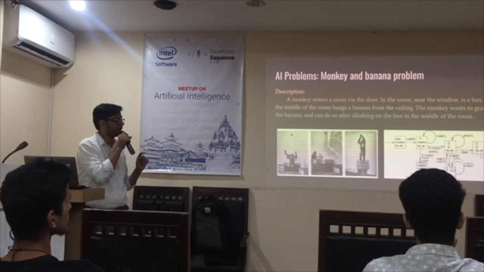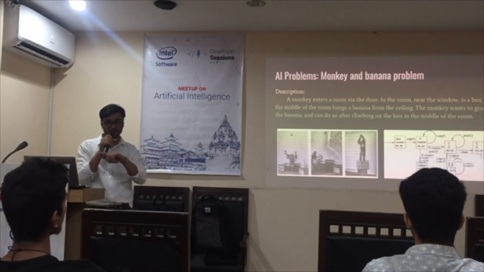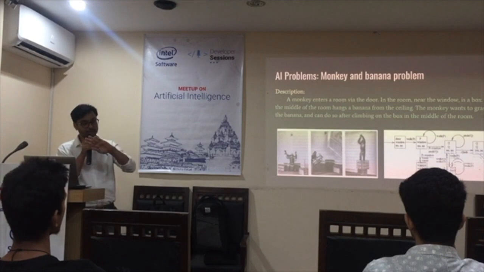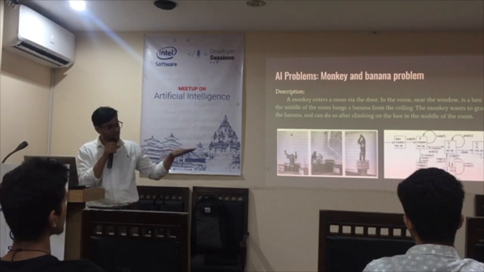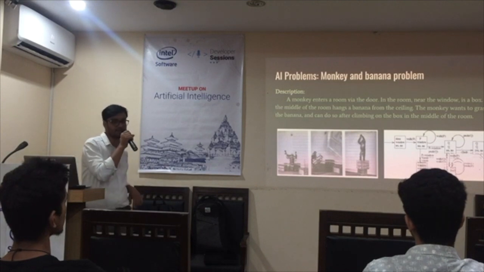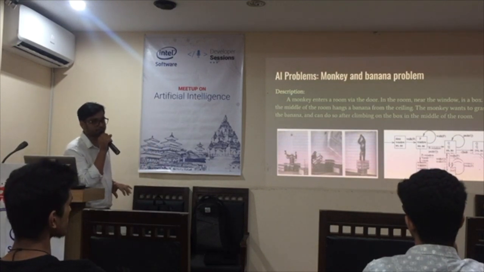And this is only possible when the box is in the middle and the monkey is on the box. Then only he can grasp the banana. So this is also a toy problem of AI.